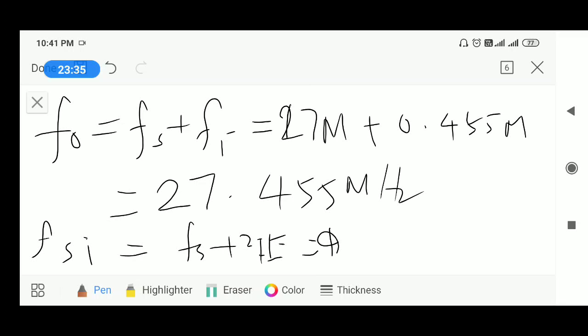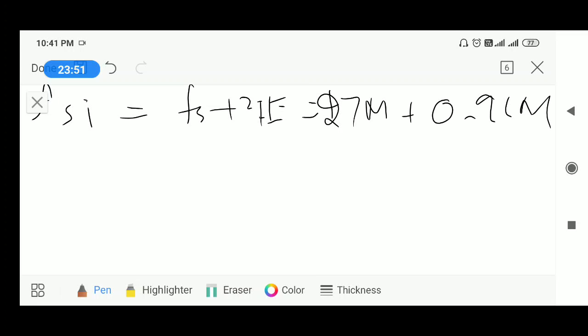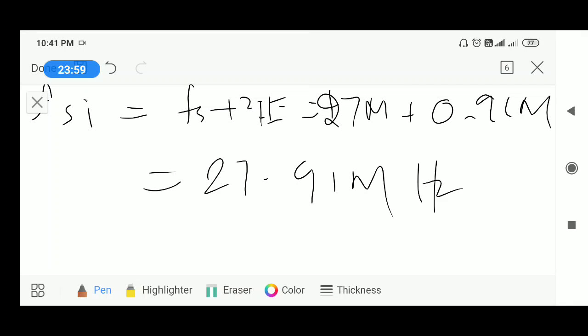Fs is 27 mega plus 455 plus 455, that is 910, which is 0.91 mega. Then the image frequency FSI is equal to 27.91 megahertz.